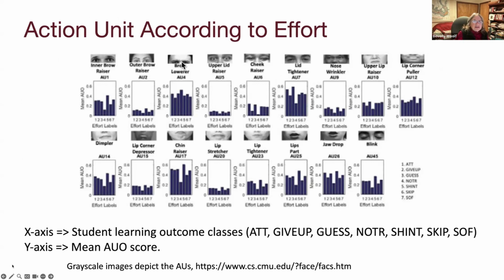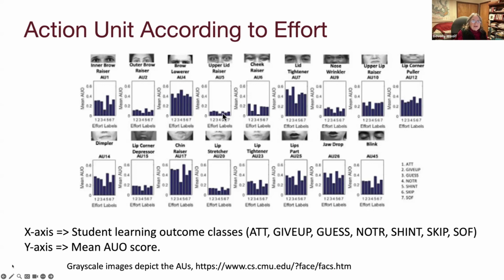So it looks like the brow lowerer has a high correlation with each of these efforts. In other words, when kids were showing these efforts, there seems to be a large correlation with the eyebrow, and similarly with the lid tightener, and similarly with the chin raiser.